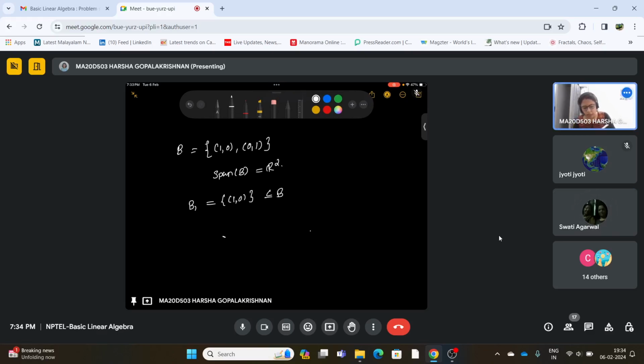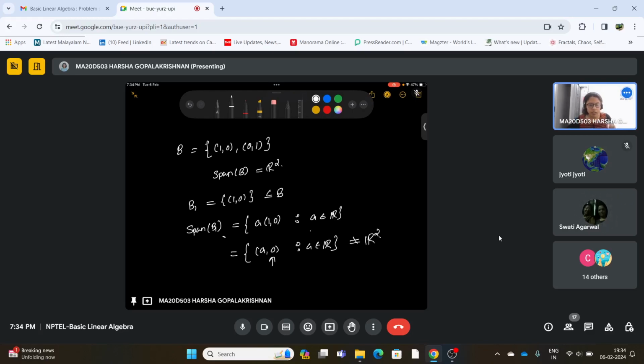What is the span of B1? It is the set of all a into 1 0, only one element, so all linear combinations means all multiples, which forms the set of all (a, 0). That means any element in the span of B1 has its second element as 0, so obviously it is not equal to R2.